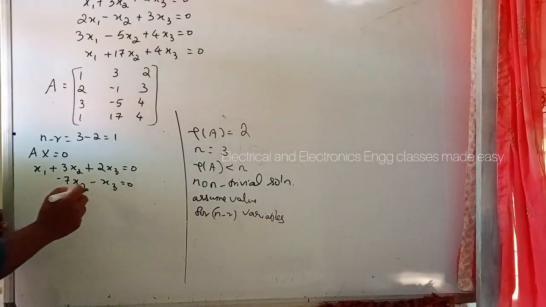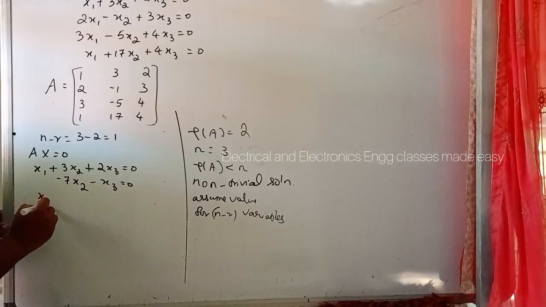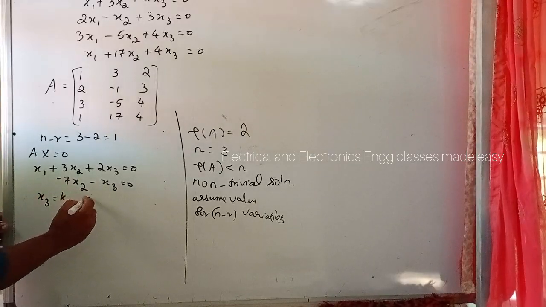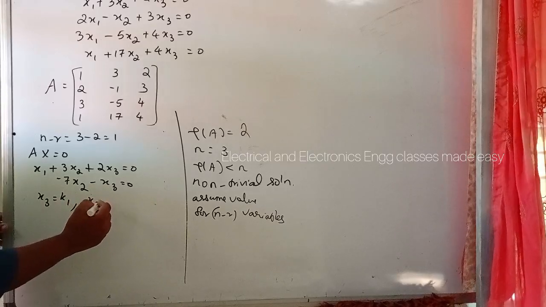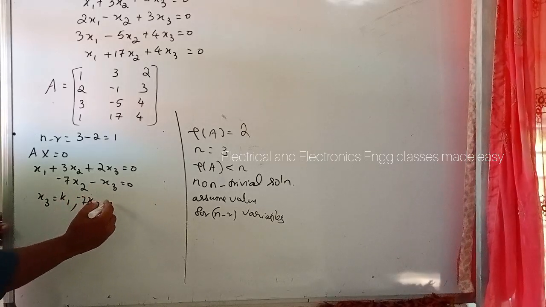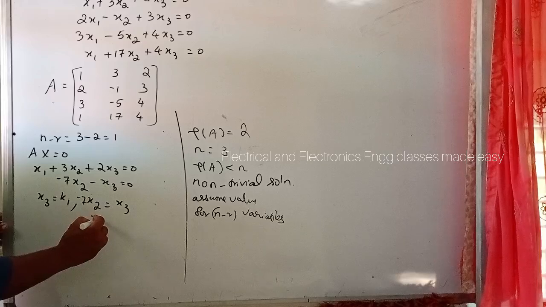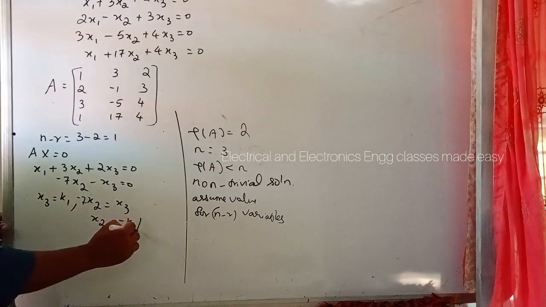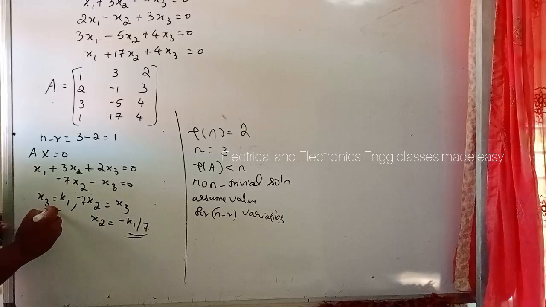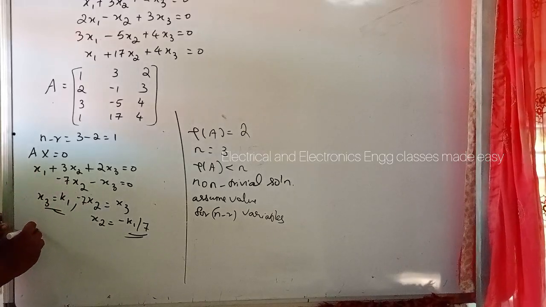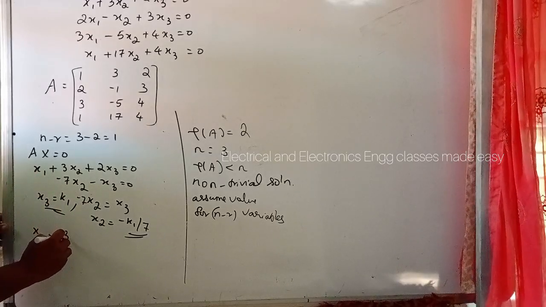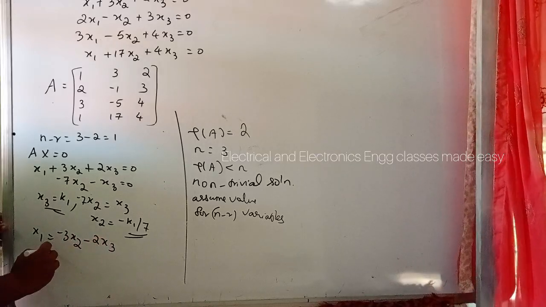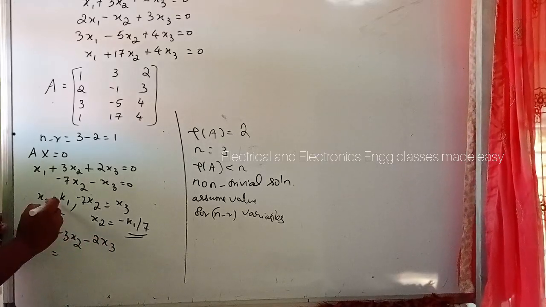Now let us assume value for x3. So x3 is equal to k1. So from this equation we can write minus 7 x2 is equal to x3. So x2 is equal to x3 divided by minus 7, that is minus k1 divided by 7. Then from the first equation we can write x1 is equal to minus 3 x2 minus 2 x3. Now put the values of x2 and x3 here.